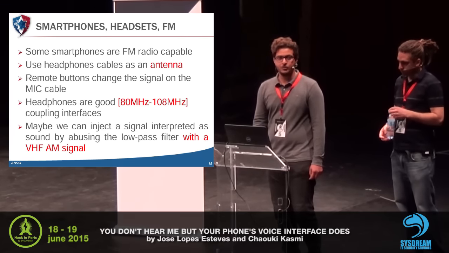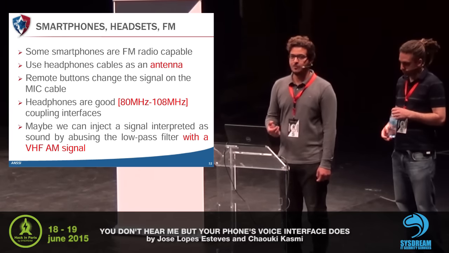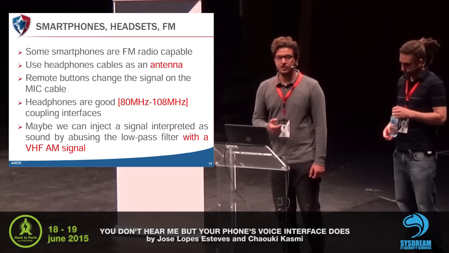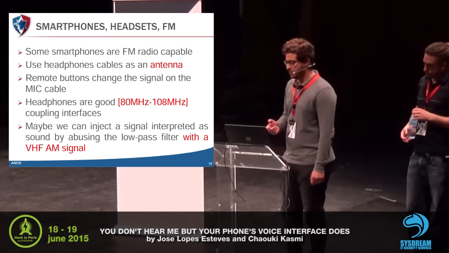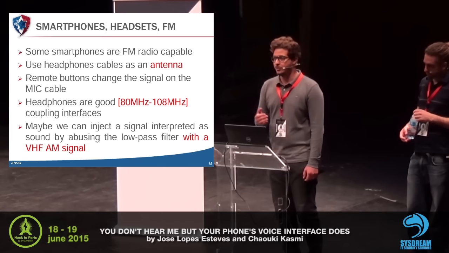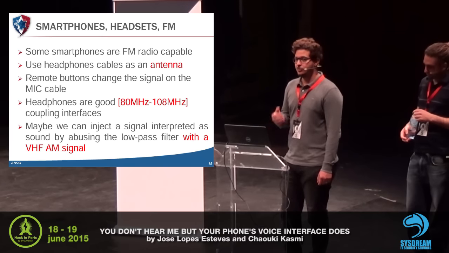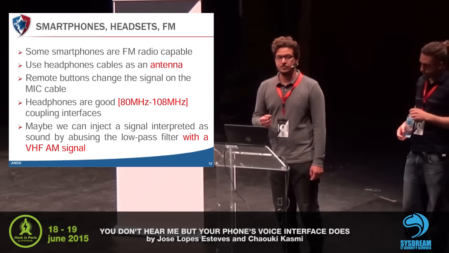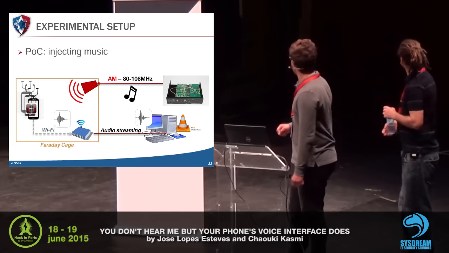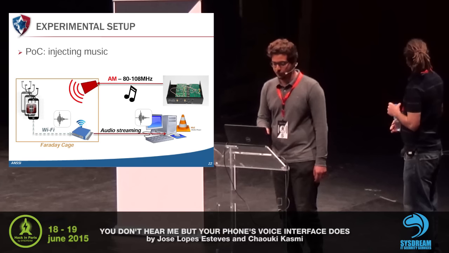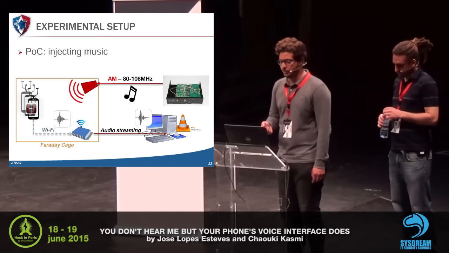The first consideration we had is that maybe we could generate an AM modulated signal, with voice modulating the continuous wave, and abuse the low-pass filter for removing the very high frequency continuous wave signal, inducing only the signal modulating this continuous wave. The main hypothesis we validated by using software simulation is trying to characterize the low-pass filter and amplifier.